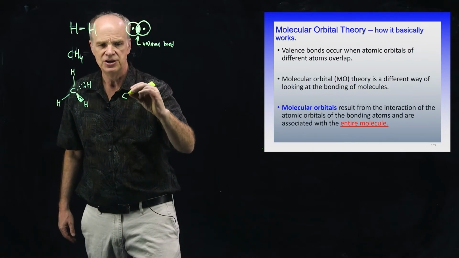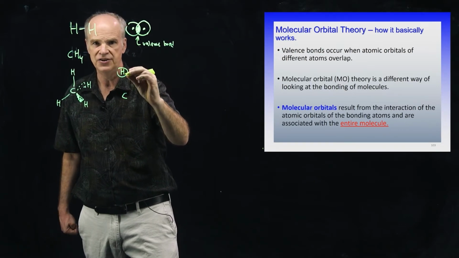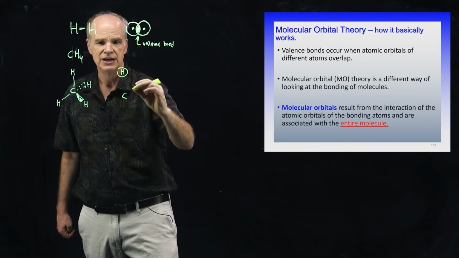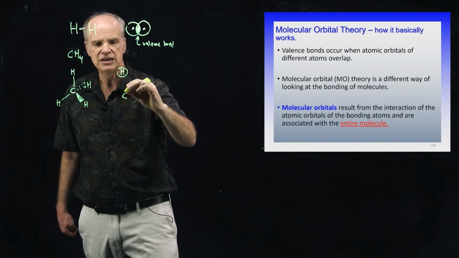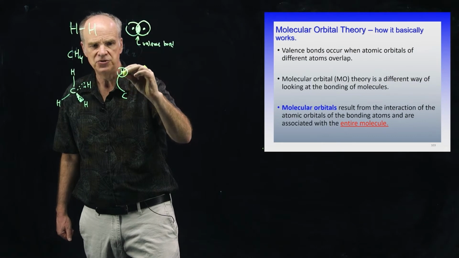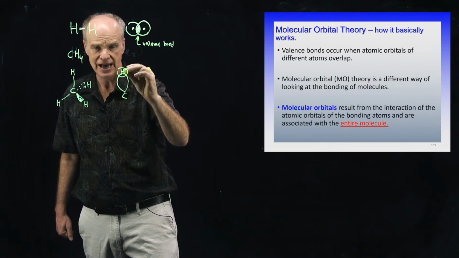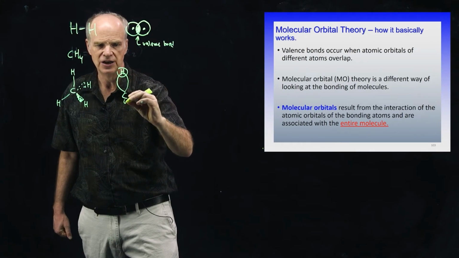So we have carbon here, and I'm going to draw a hydrogen here like this. The hydrogen has the 1s orbital here. Carbon will create this new orbital called an sp3 orbital, with a large lobe attaching to that hydrogen and a small lobe on the other side.